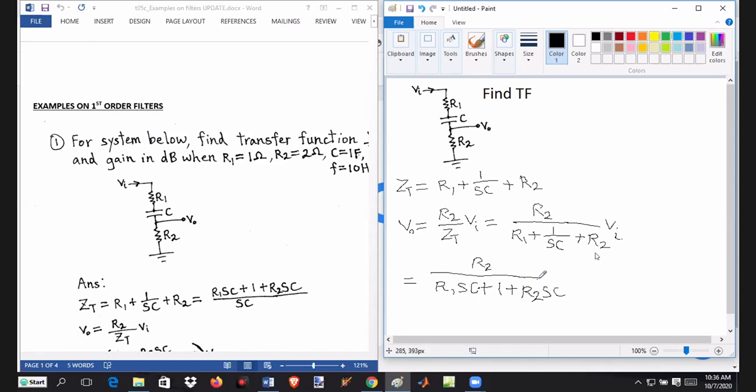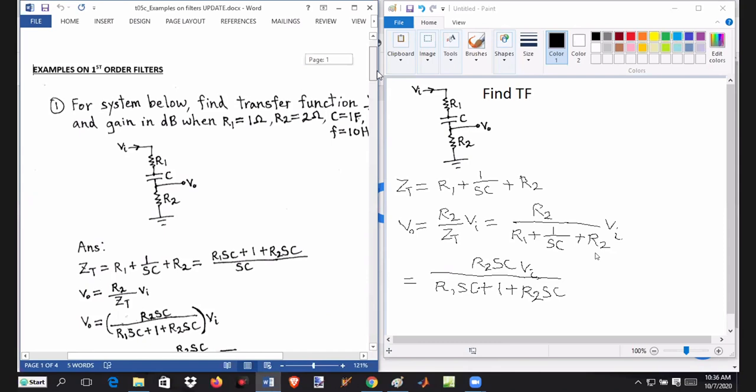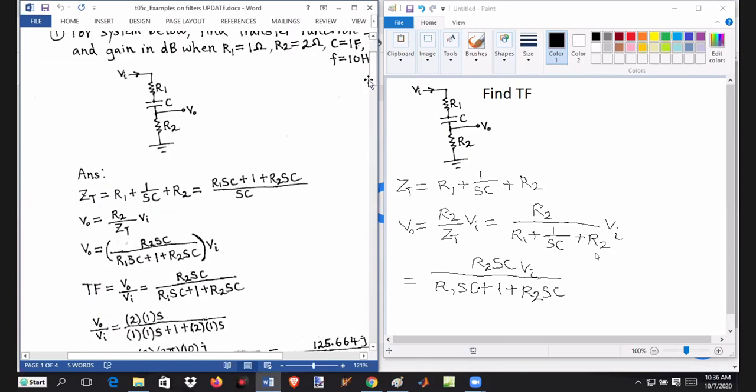Of course, the top will have SC. R2SC. Oh, am I right? Let me see. Yeah, R2SC. Then you have this VI, isn't it? Check first. Yeah, it's correct already. So you want the transfer function, which will be VO divided by VI.